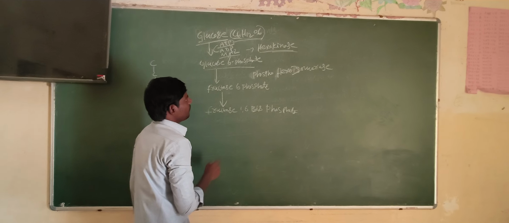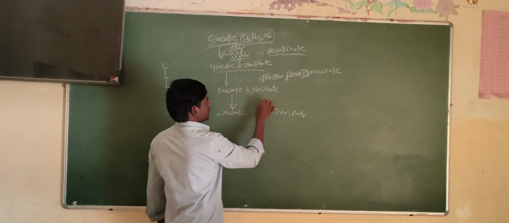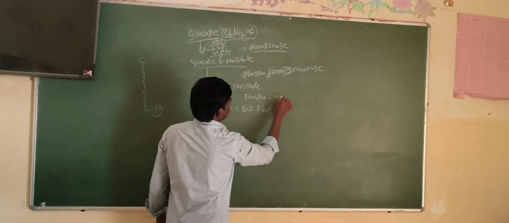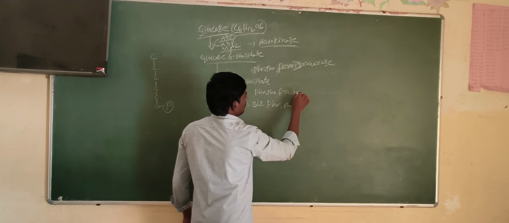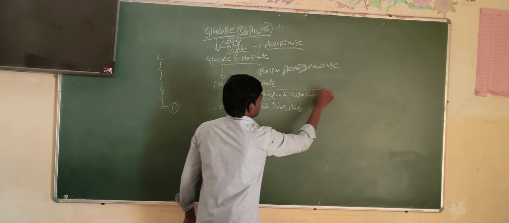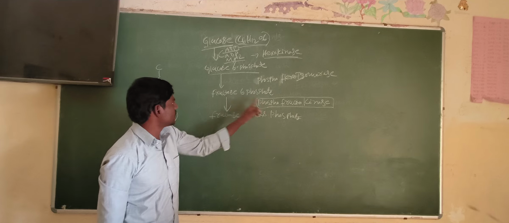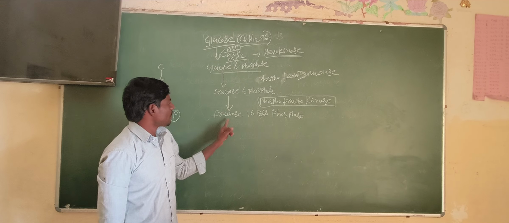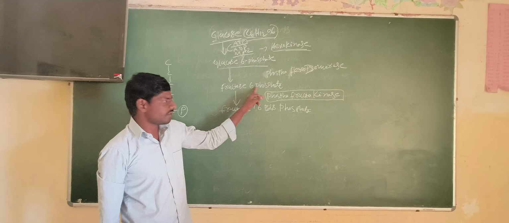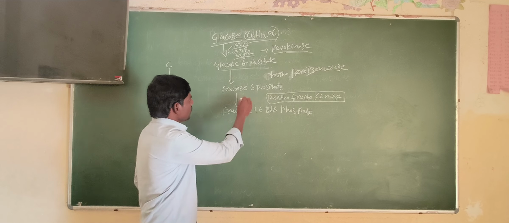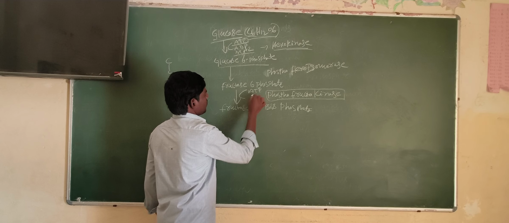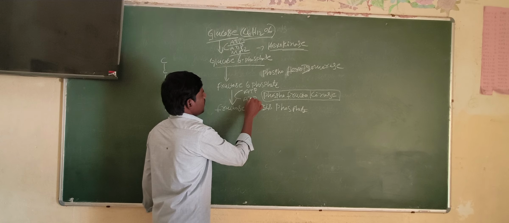With the help of the phosphofructokinase enzyme, fructose 6-phosphate is converted into fructose 1,6-bisphosphate. During this conversion, one phosphate is lost from ATP, which is converted into ADP, adenosine diphosphate.